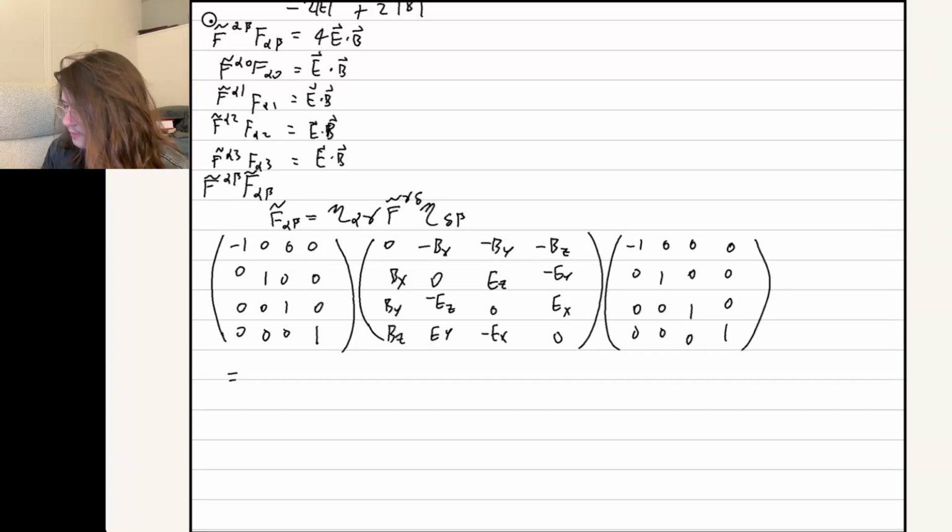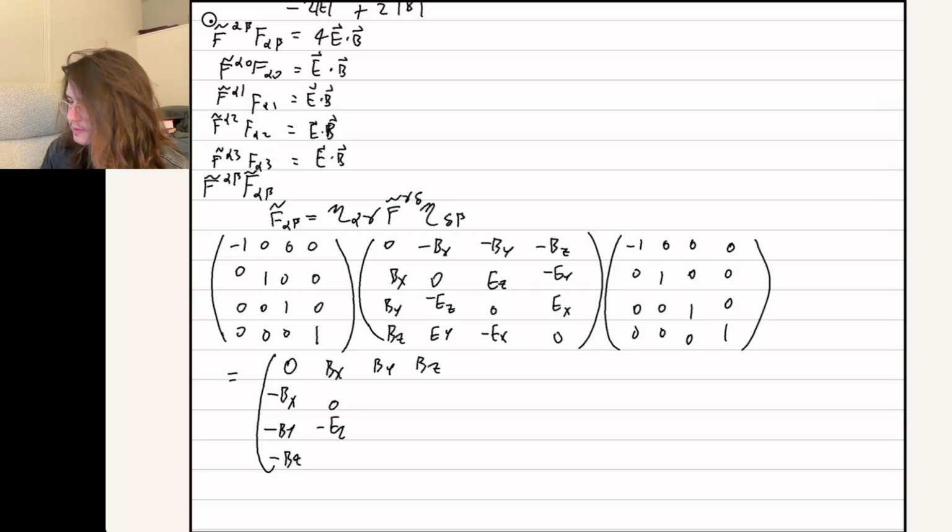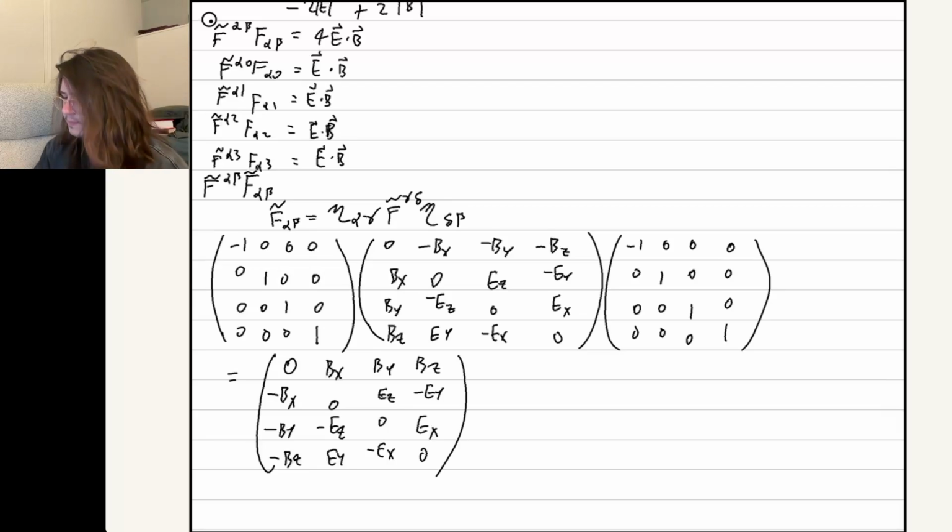So this is going to be 0, Bx, By, Bz, minus Bx, 0, minus Ez, Ey, minus By, Ez, 0, minus Ex, minus Bz, minus Ey, Ex, 0. And that's all very cool.